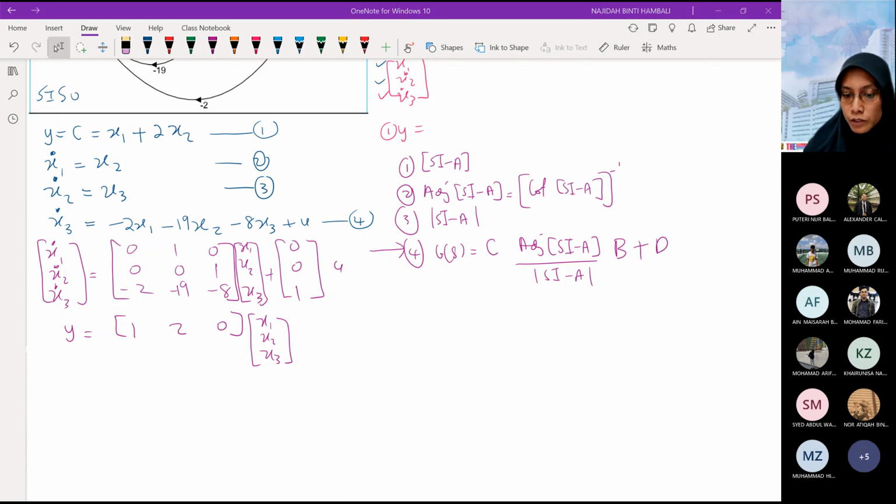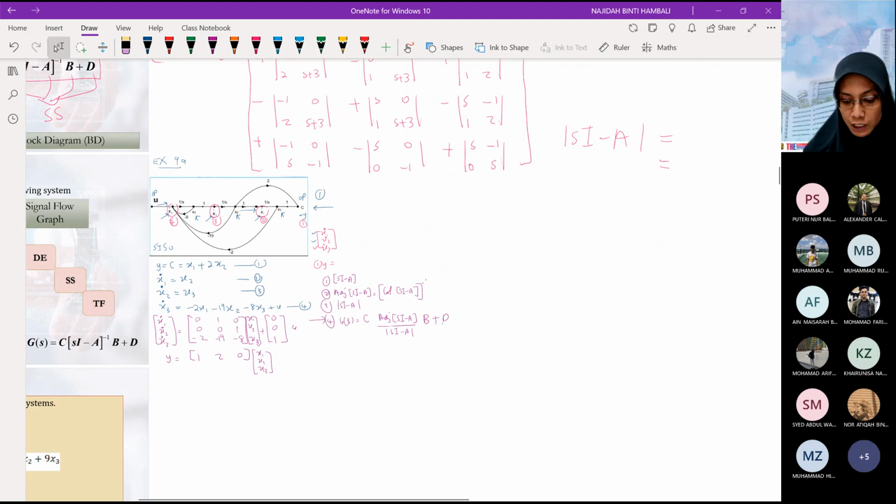Okay, now I want you to try construct the state space equation for example 9B. Okay, for example 9B, we have MIMO system.